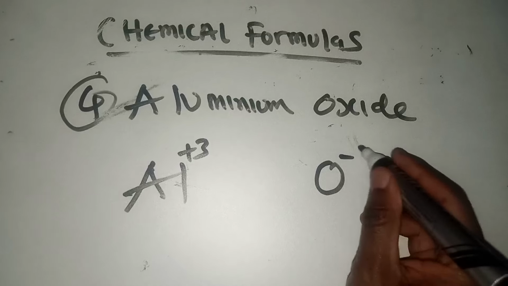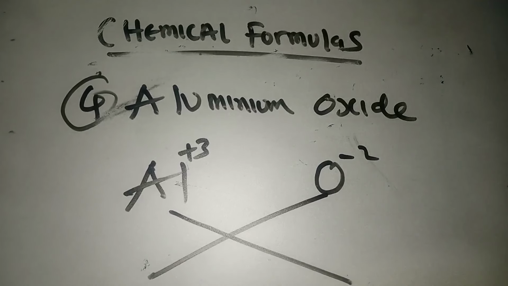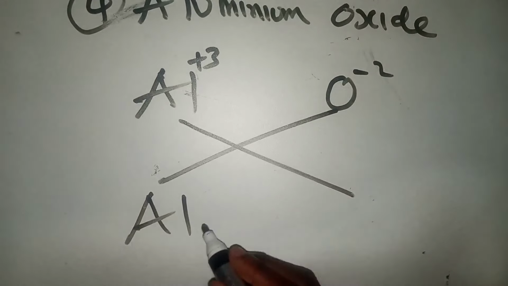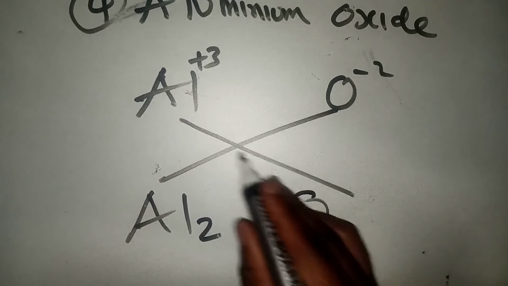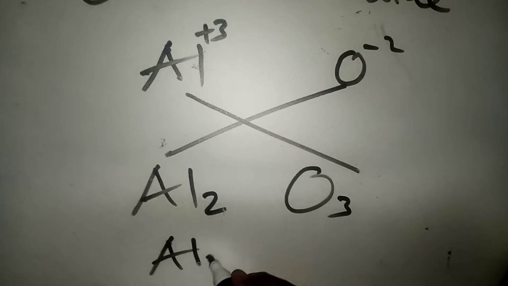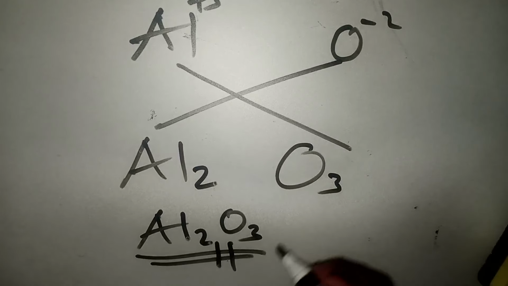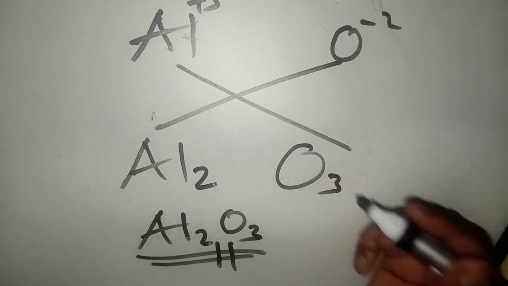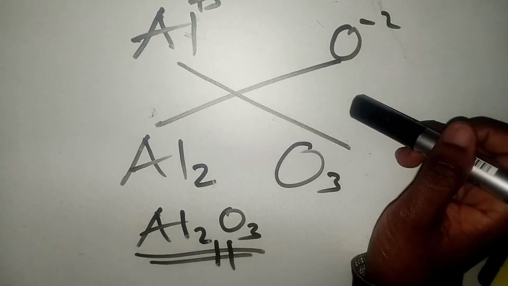You swap them again. So aluminium will have the valence number for oxygen, 2 there, and oxygen will have the valence number for aluminium, 3. Then you bring them together: Al2O3. As simple as this. So this is how you can go about writing chemical formulas in chemistry.